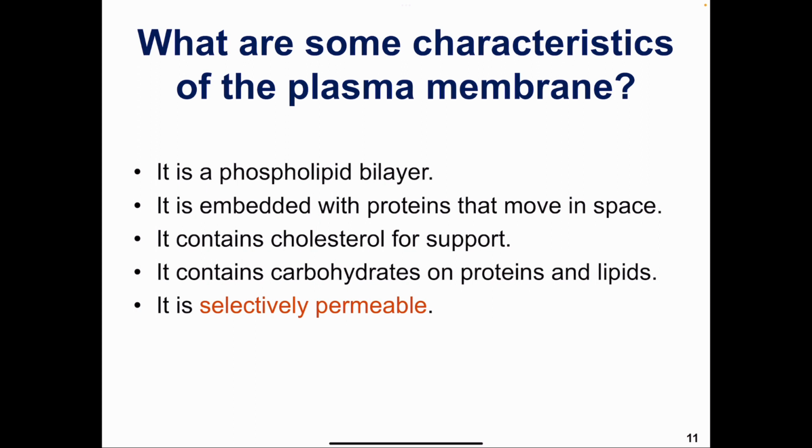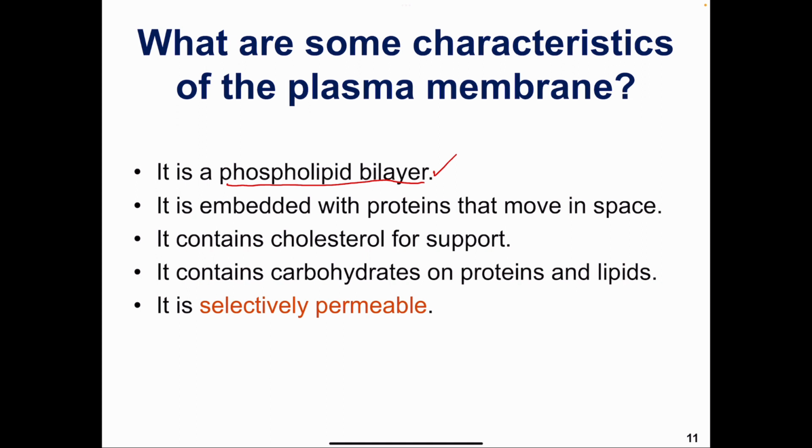Now, the first step we are going to make is going to be the plasma membrane. What is the structure of the plasma membrane? The plasma membrane is going to be made up of a number of molecules, the most abundant being a phospholipid bilayer.